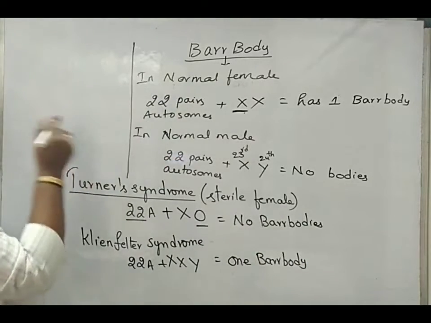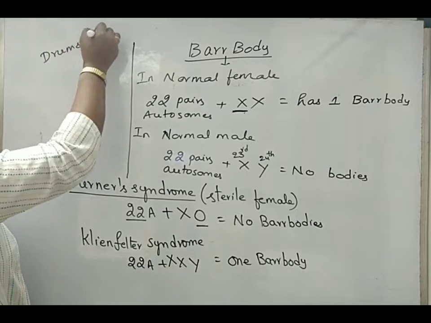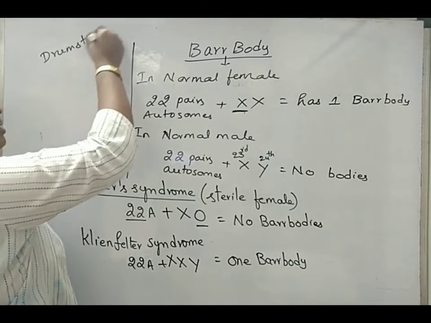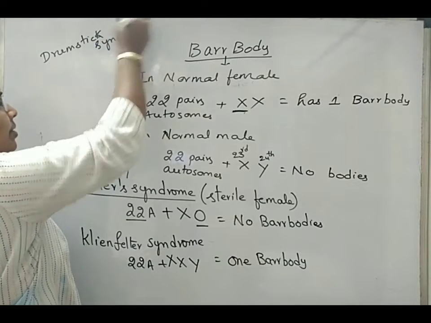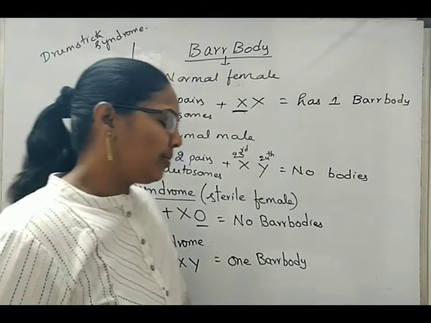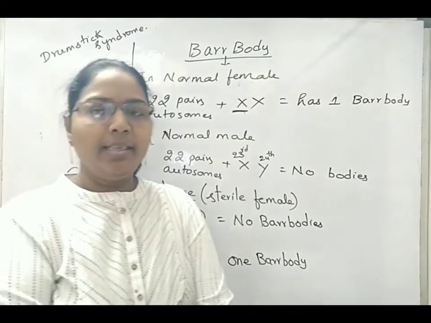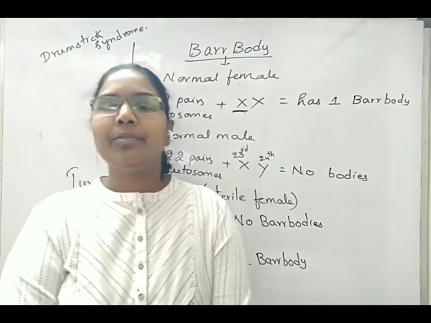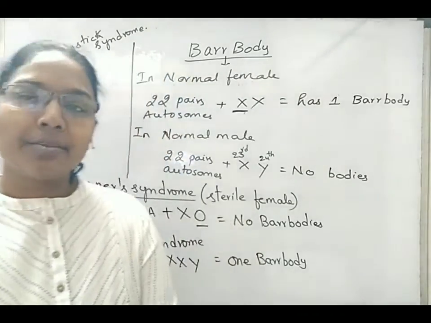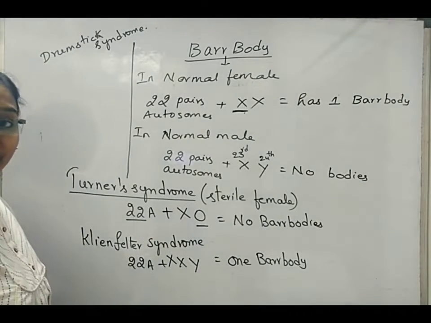If you take another example, that is drumstick syndrome, when BARR bodies are projected in neutrophils, which have a minimum of 2 to 5 nuclear lobes, then these BARR bodies inside the neutrophils, which are one of the types of WBC, appear drumstick in shape. So we call that syndrome drumstick syndrome.